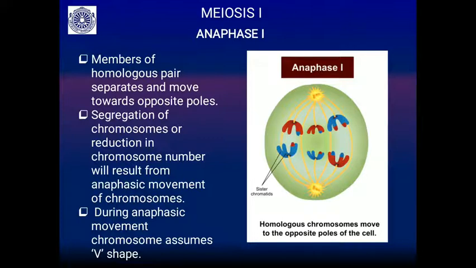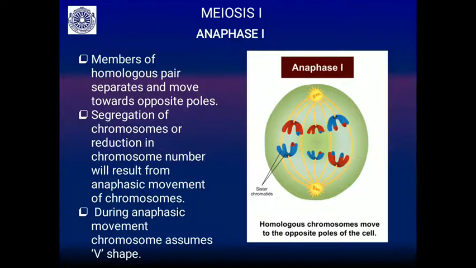Next, it is followed by anaphase I. The homologous pair now separate and move towards opposite poles. This is the difference between mitosis and meiosis. Here the homologous pairs separate, not the chromatids of a chromosome as in mitosis. In anaphase I you can see the paired chromosomes now separate, and each chromosome moves towards the opposite pole.